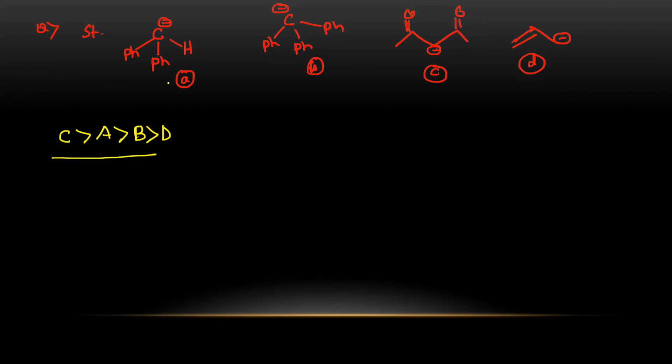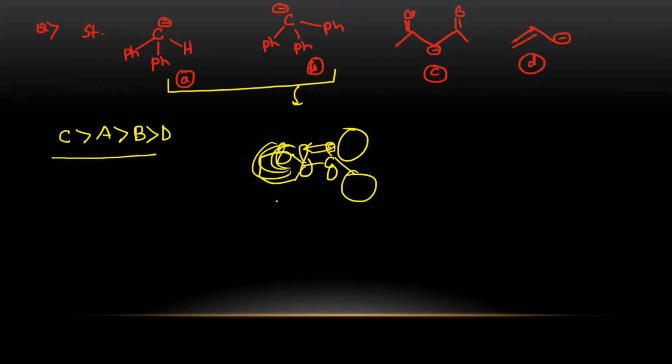Now, if we compare the first two, A and B, we know in B there are three phenyl rings. If this negative charge tries to resonate with the phenyl ring, then the negative charge should be parallel to this pi cloud for complete resonance. But due to the steric hindrance of these two phenyl rings, the ring is not let to be in parallel p orbital orientation.